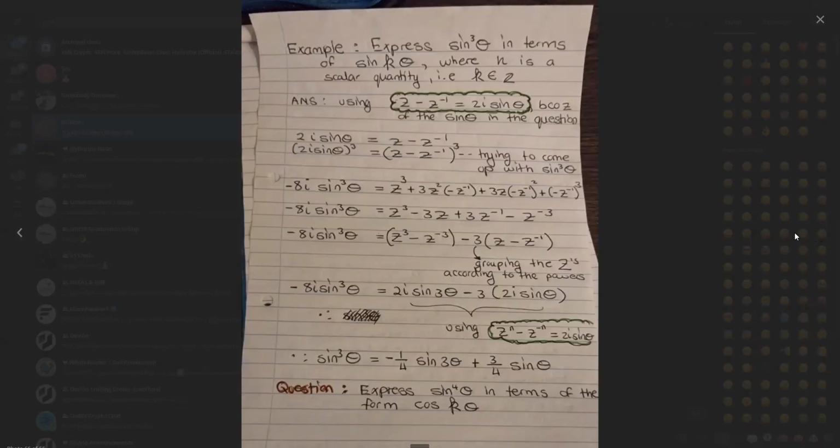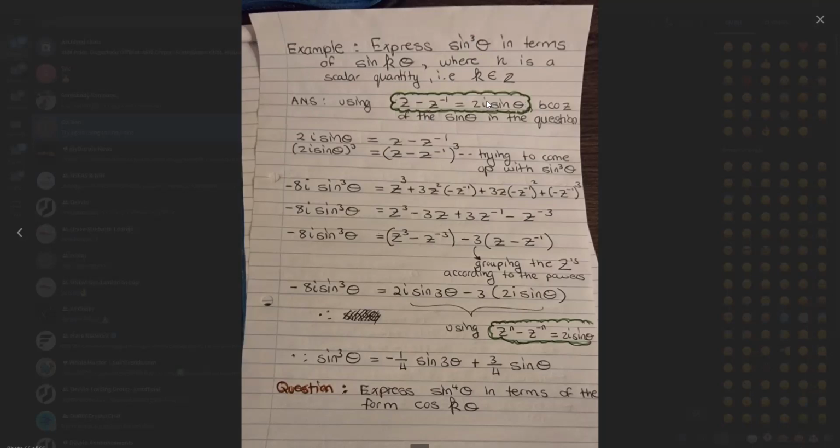So we're going to use this one, because basically we are trying to get sine cubed equal to something that doesn't have a cube.